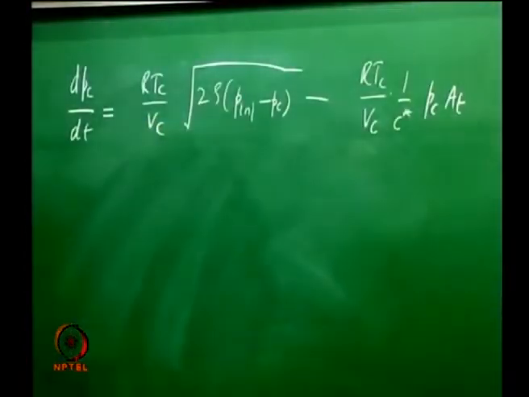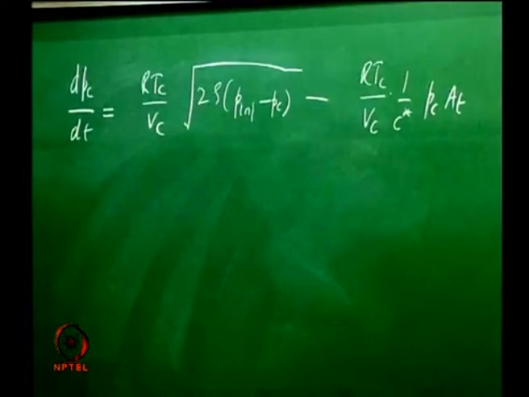This should be multiplied by CD into the area of orifices A0, CD A0.